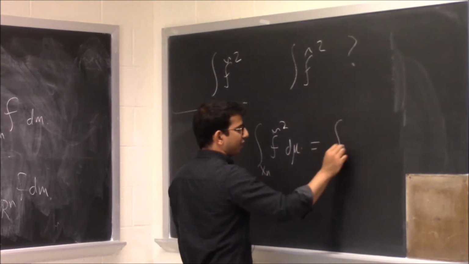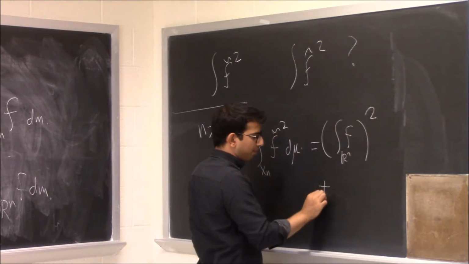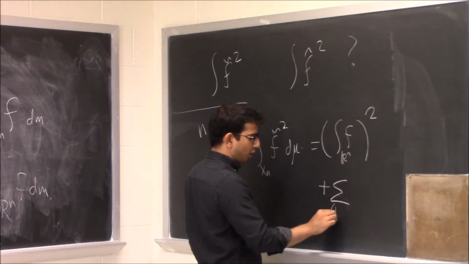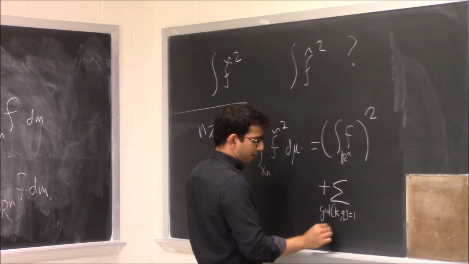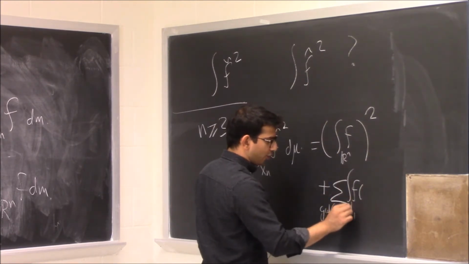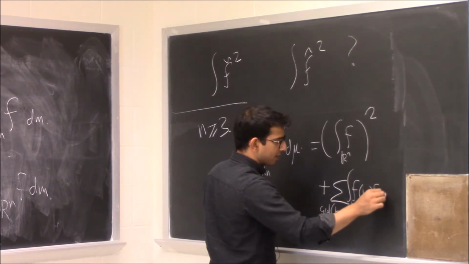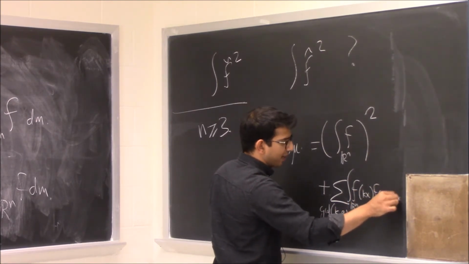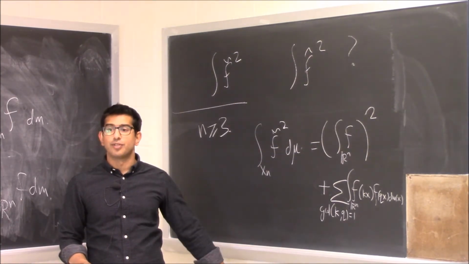It turns out to be the integral of f over R^n, quantity squared, plus a sum over pairs of relatively prime integers, the integral over R^n of f of kx, f of qx, d Lebesgue of x. So it's a really explicit formula for the L2 norm.